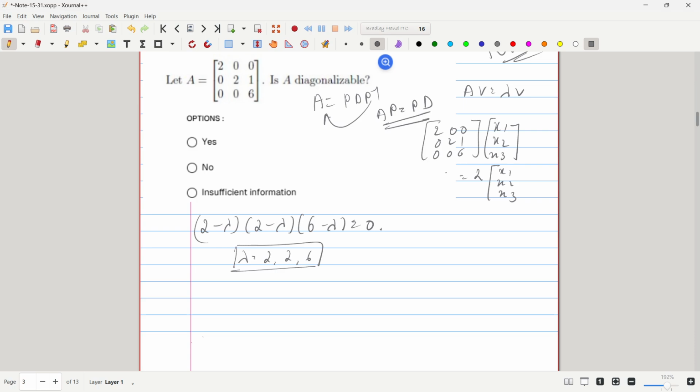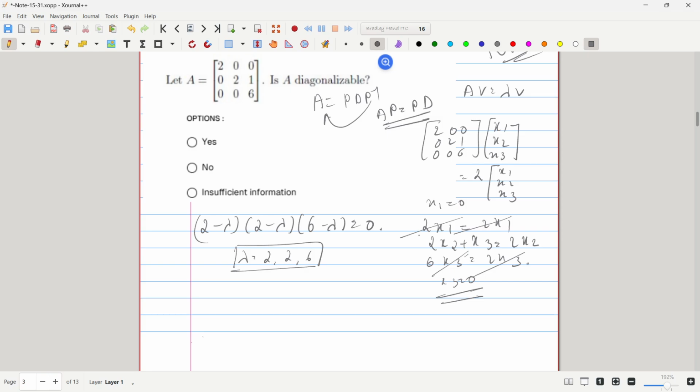So 2x1 is equal to 2x1 and 2x2 plus x3 is equal to 2x2 and 6x3 is equal to 2x3. As you can see, the value of x3 is 0.